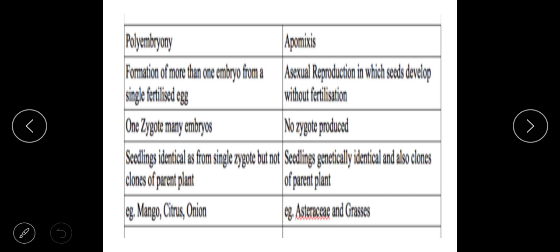Diploid tissues such as the nucellus or integument move inside the embryo sac and start developing into embryos. Again, this is of advantage to the farmers in giving a good yield.